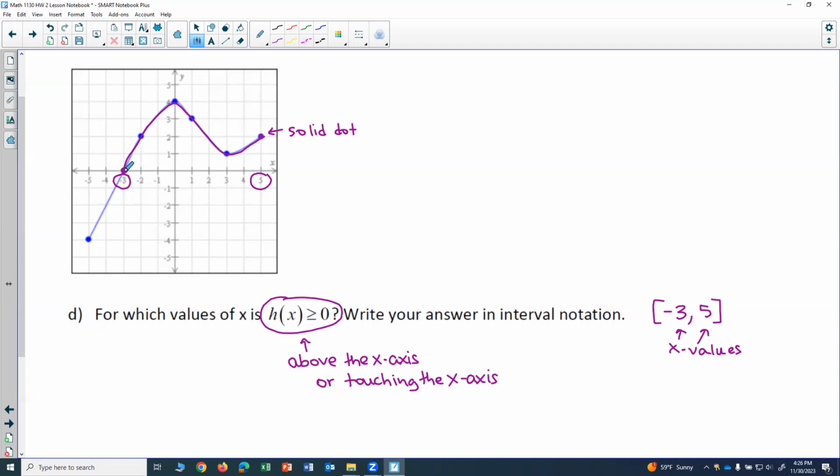But we're looking at it in terms of x intervals. So you always want to have a left bound and right bound of where that's occurring. The y values don't play a role in our answer, except for showing us where it's above the axis and where it's below the axis.